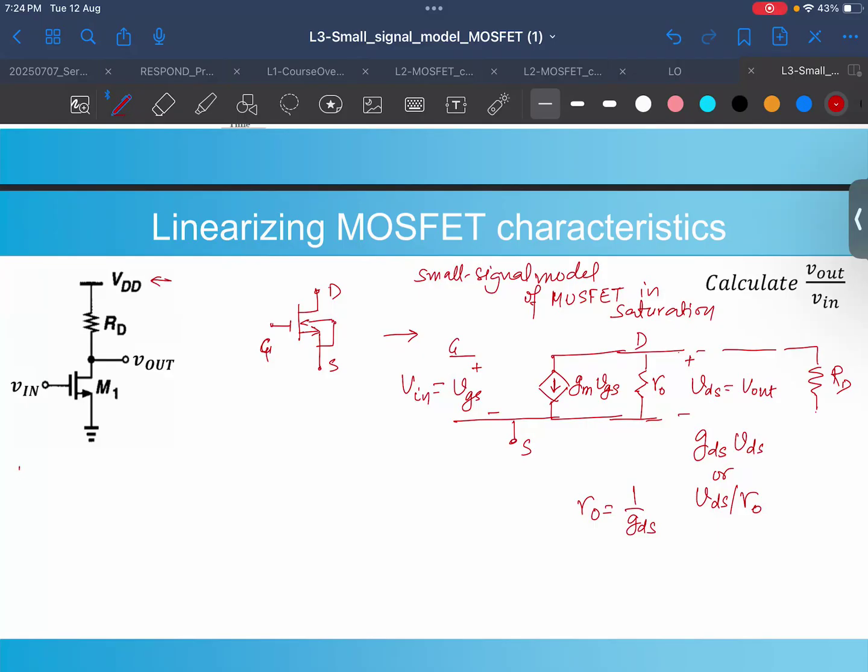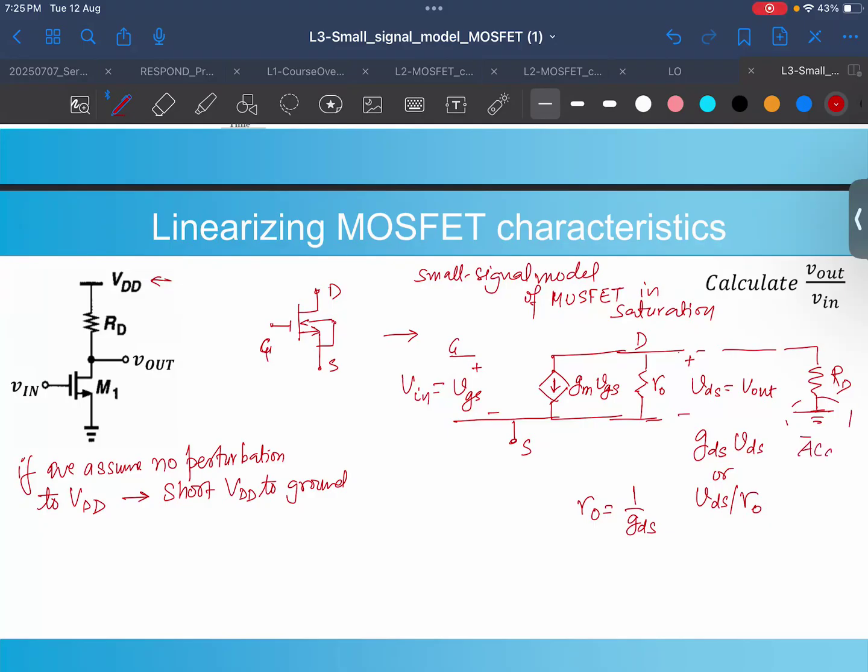If we assume no perturbation to VDD, then we can short VDD to ground, because there is no perturbation in VDD. This is what we call AC ground. Similarly, for the current sources, this would be an open circuit.